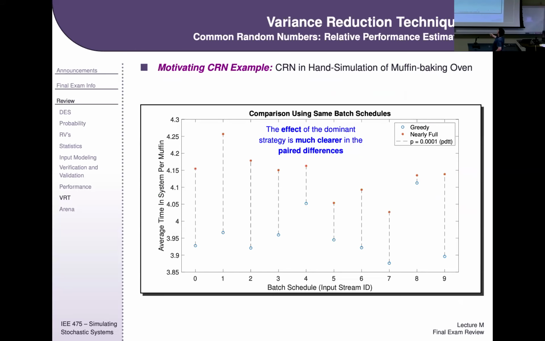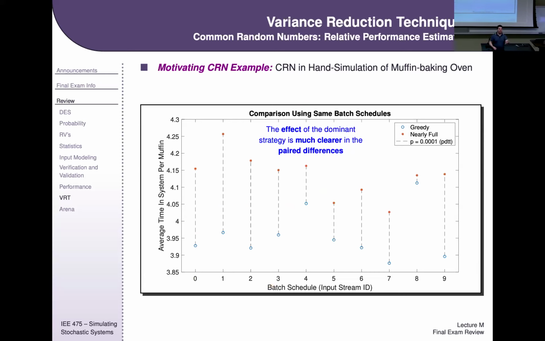And so, CRNs, those are the things that we use our paired t-tests for, where we're going to run the same random numbers into two different sims, and then that will pair the outputs of the sims. So for this random number stream, I get two outputs, one from simulation A, the other from simulation B. And I do that for a bunch of different types of random numbers.